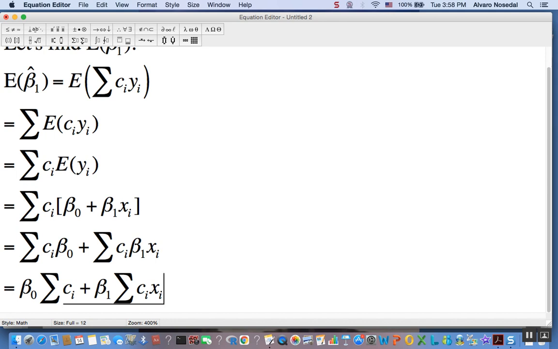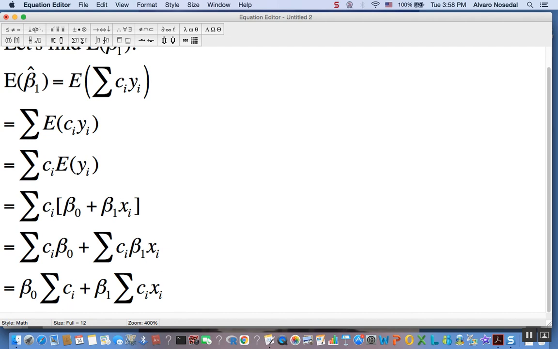And here's where what we did before pays off, right? Remember that we showed 3 properties? Well, these properties will be very, very useful.